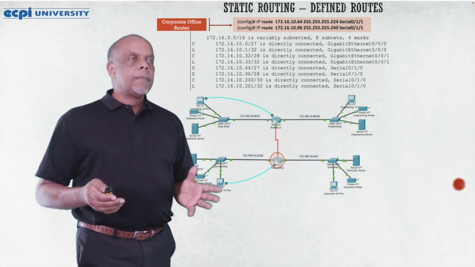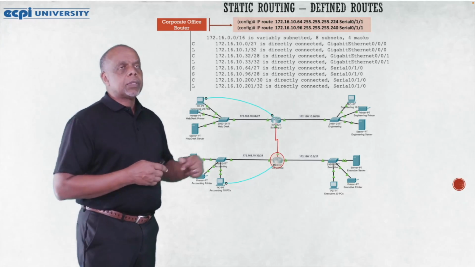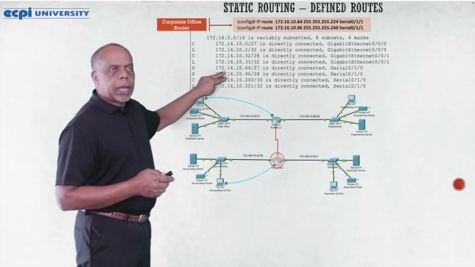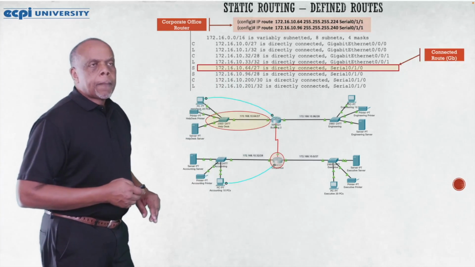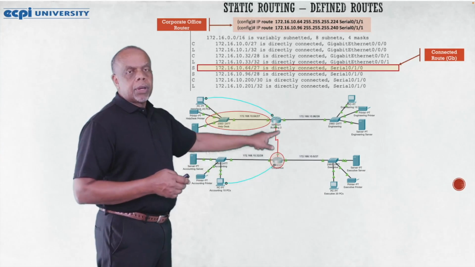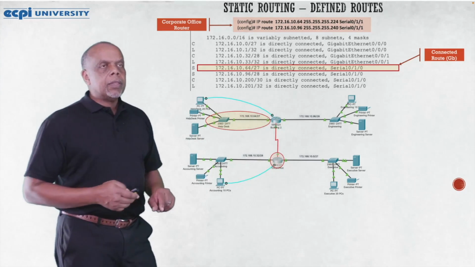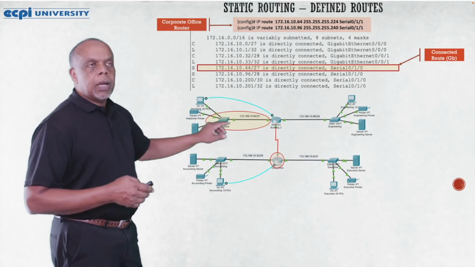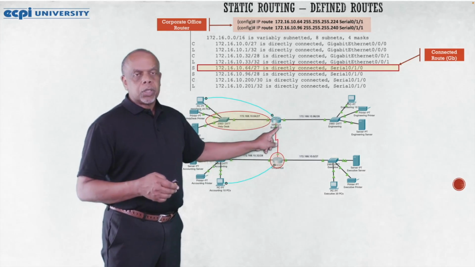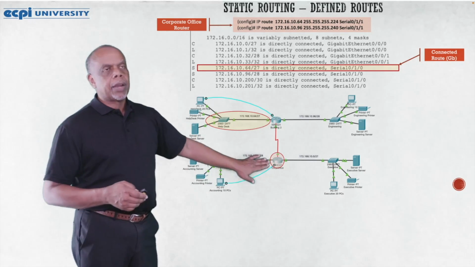So let's take a look at what happens now when I show ip route. It's going to show me a lot of the same things, but now you see I have 2 static routes defined, okay? So this static route tells me how I can get from this router to that subnet, that there's a routed path that goes to 172.16.10.64, and it's directly connected from the 0/1/1/1 interface to the 0/1/0 interface on that router.